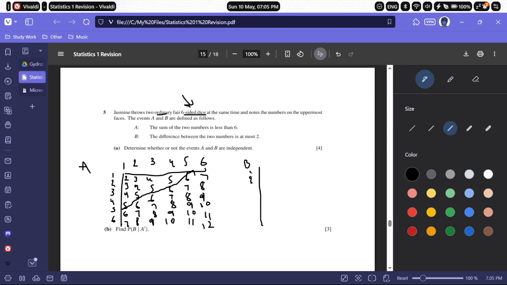So 1, 2, 3, 4, 5, 6 along each side, and the differences are 0, 1, 2, 3, 4, 5.